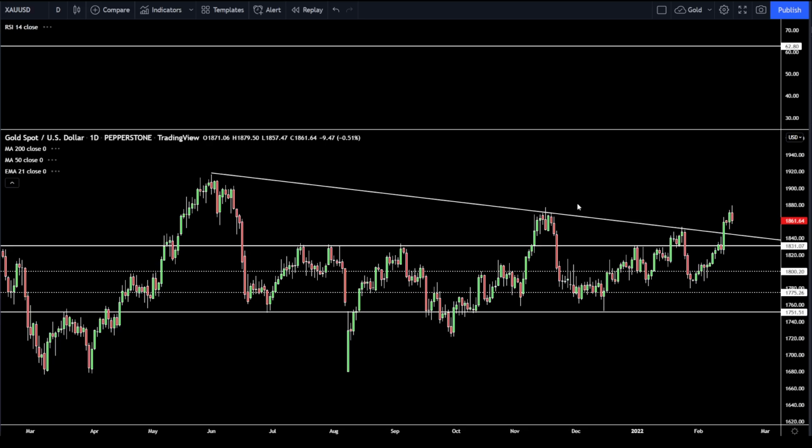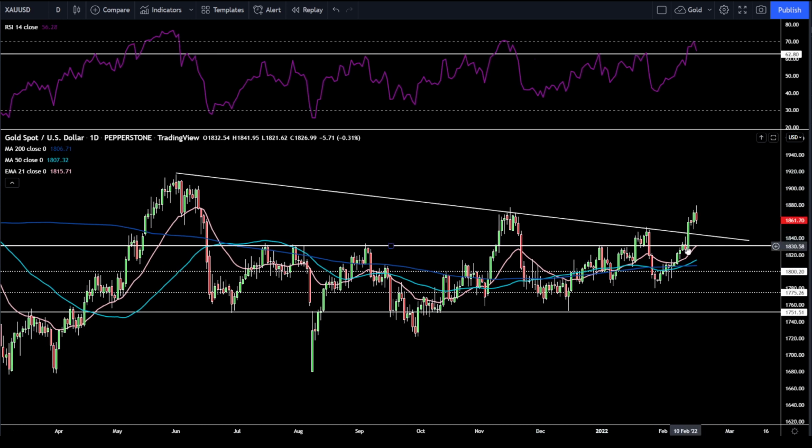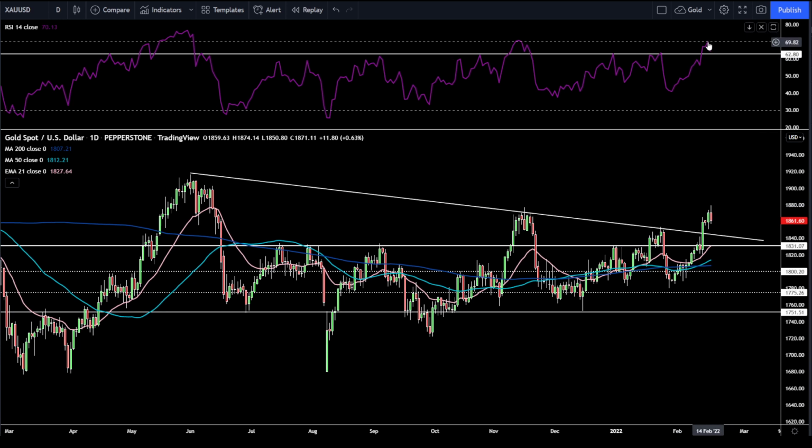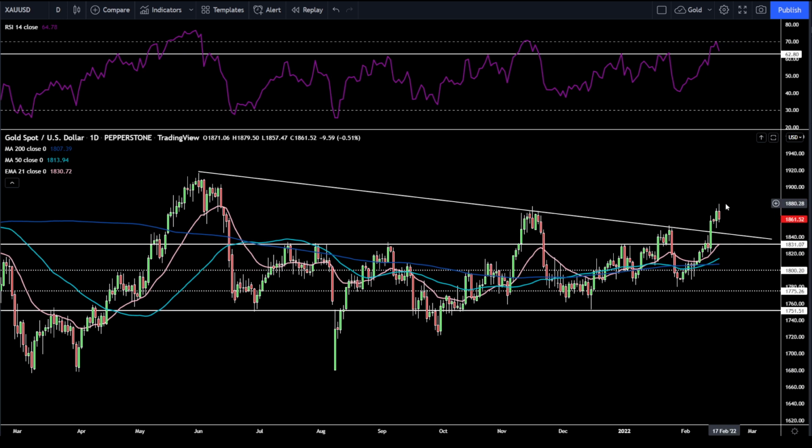Gold broke out of this downtrend line I drew in here, as well as that 1830 level on that news of an invasion. The RSI got up to overbought territory like it did there, and it seems to be rolling over a bit now. Seems now, obviously, with the de-escalation, it's coming off a bit, the repricing. I think shorting gold at these levels looks like the better risk reward trade for me.